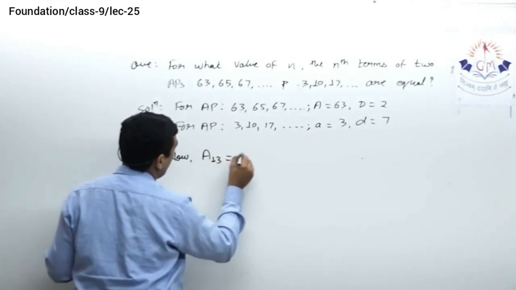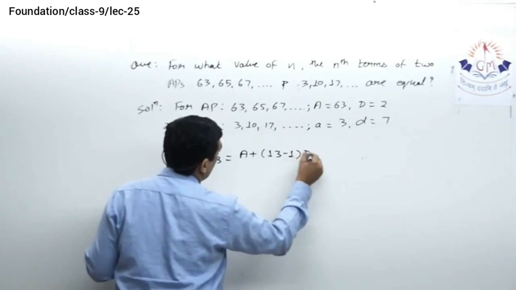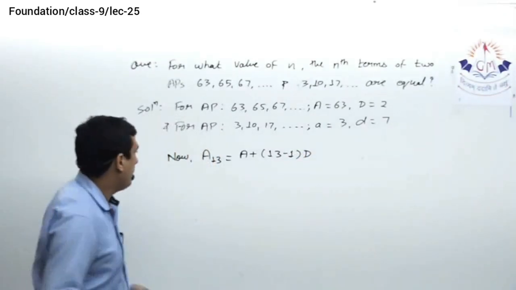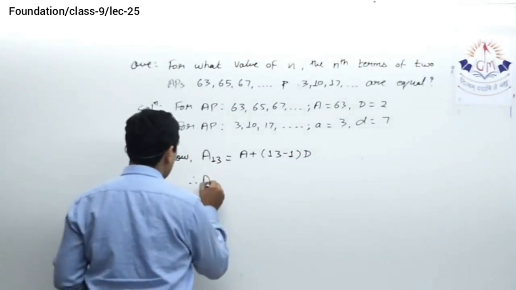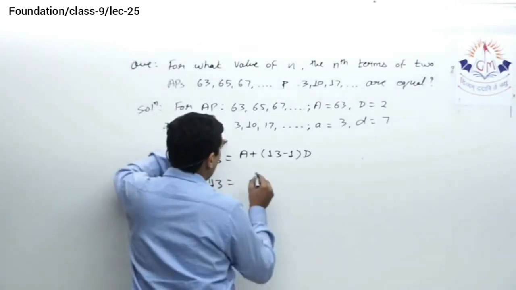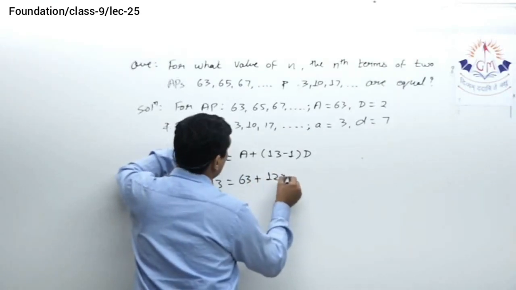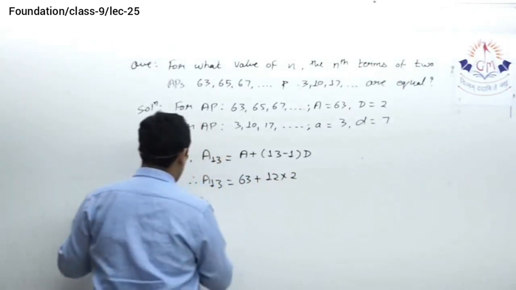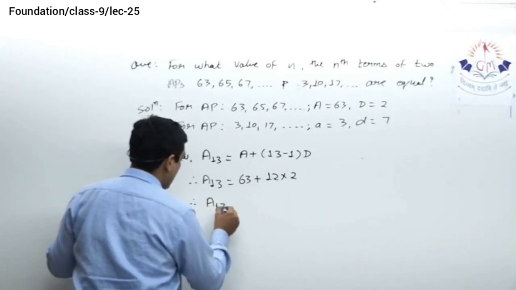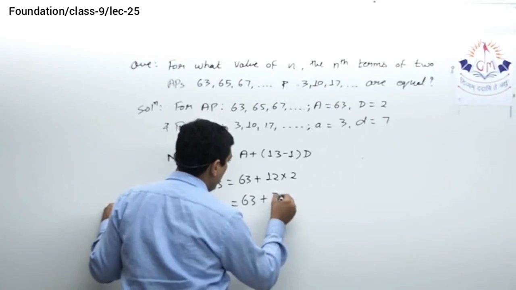A13 is equal to A plus 13 minus 1 into D. Therefore A13 is equal to, now capital A is 63, plus 12 into 2. So A13 is equal to 63 plus 24.